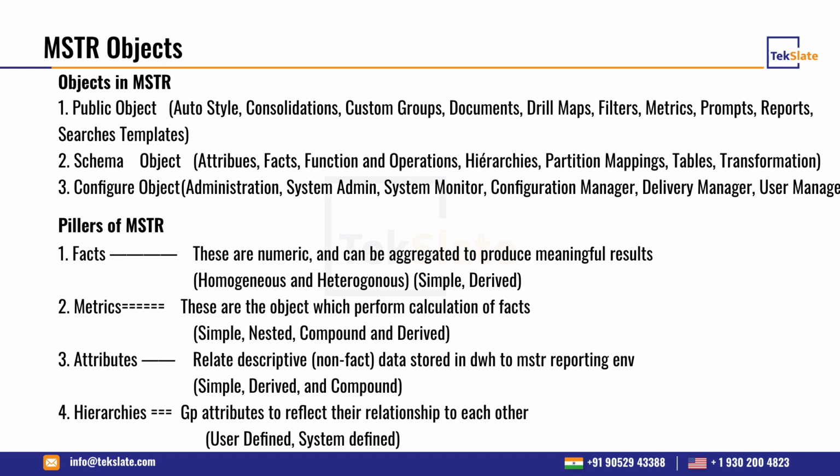We can define our own hierarchies, and by default the system can create hierarchies itself using the attributes. So these are the four pillars on which we are going to create our project. According to these four pillars, we are going to create new parameters such as consolidations, custom groups, and filters.